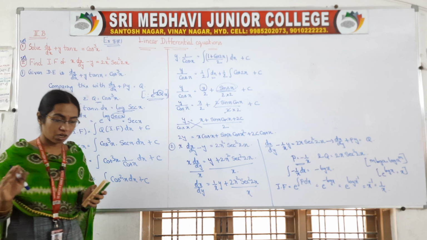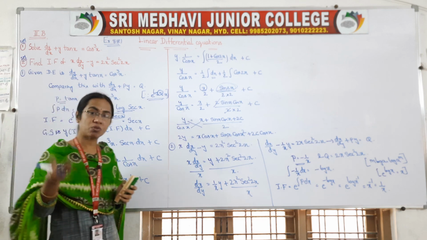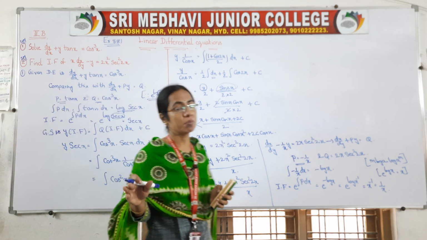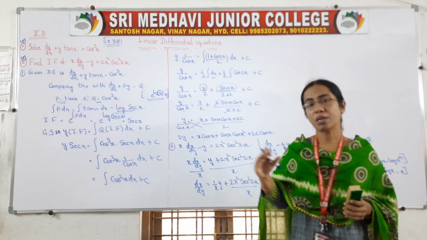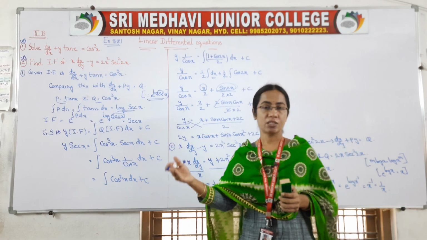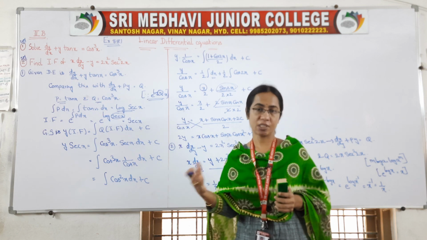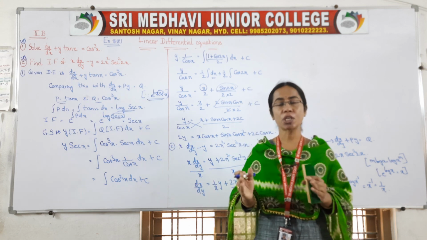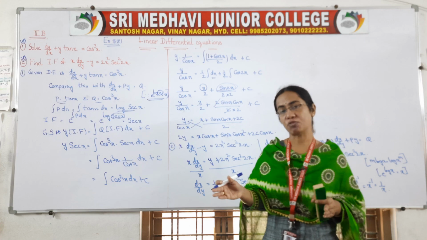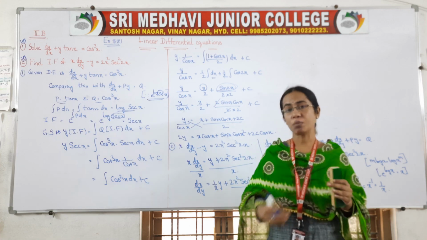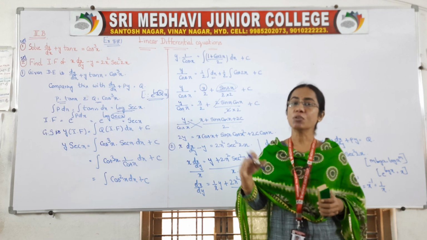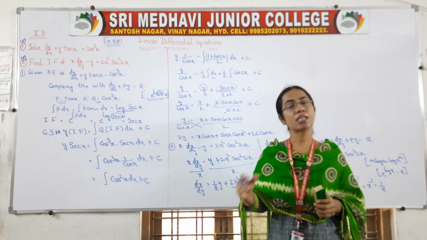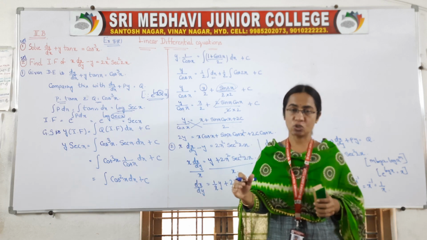Sometimes they will give the direct form, dy by dx plus p y is equal to q. Sometimes they don't give it directly in the form of a linear differential equation. Transform your equation into a linear differential equation, then take your integrating factor, then write your general solution.